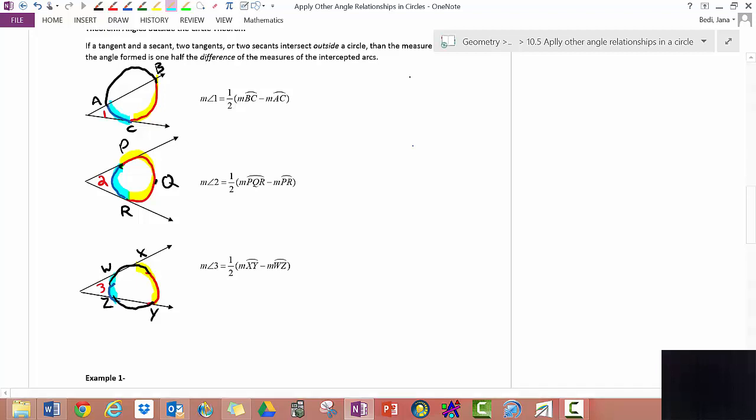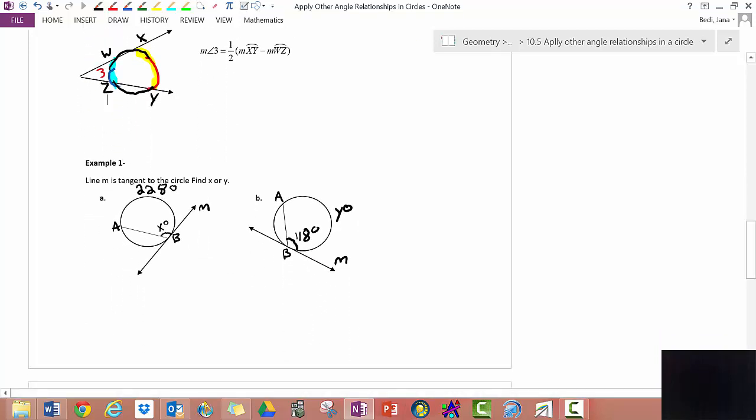So ignore the colors on the circle, just go by the highlight. The highlighted arc, the yellow, is the bigger one, and from the yellow you subtract the turquoise and divide the answer by 2, and you will get the measure of the angle that is outside the circle. Note again, this is not an inscribed angle. An inscribed angle needs to have its vertex on the circumference.